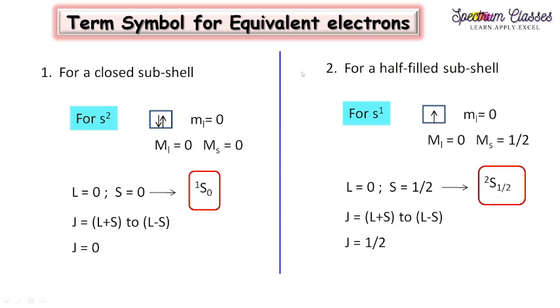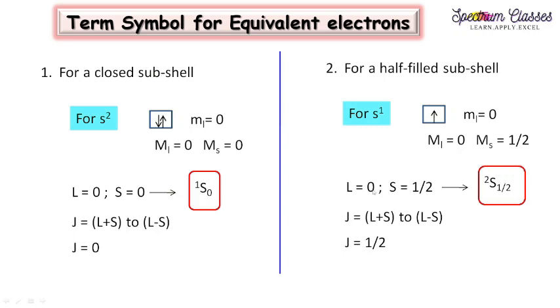Now coming to the same example for a half-filled subshell. Here I am solving this for s1. The s orbital has 1 electron. ML is equal to 0 for this s, and here Ms is equal to 1/2. On having these ML and Ms values, we assign the capital L and capital S values.